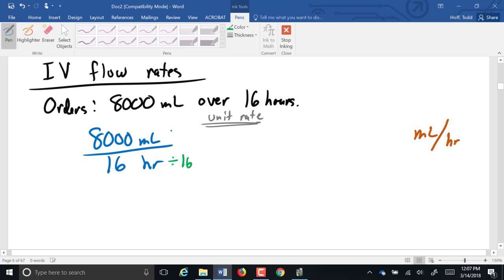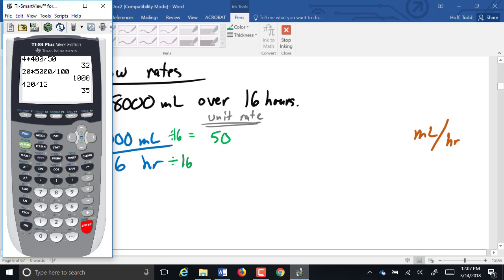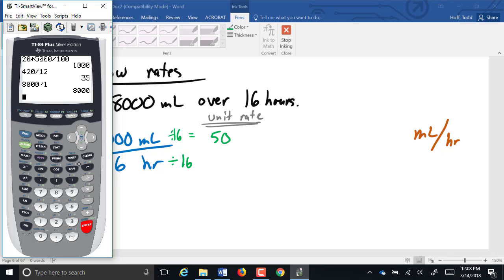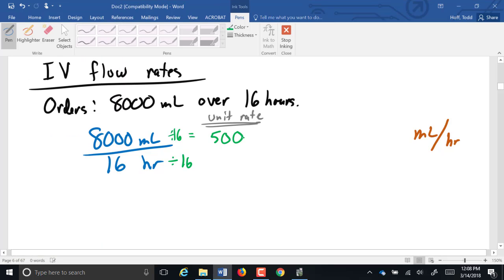So we're going to divide by 16. 8,000 divided by 16 is 500 milliliters. 16 hours divided by 16 is 1 hour. So that 500 milliliters in 1 hour is 500 milliliters per hour.